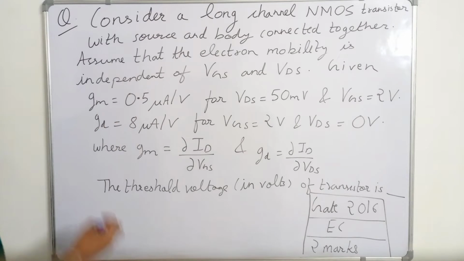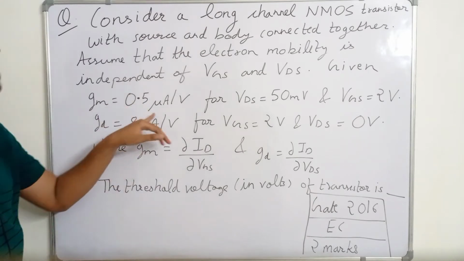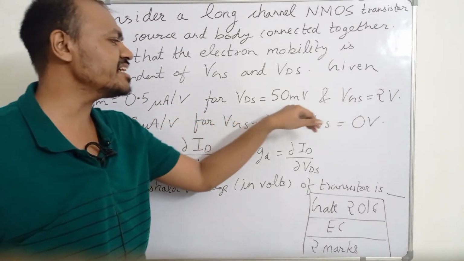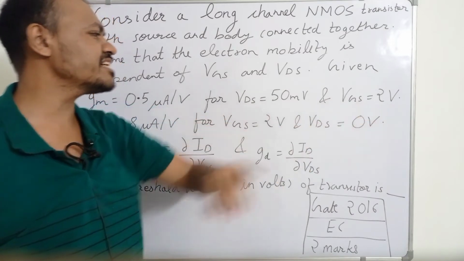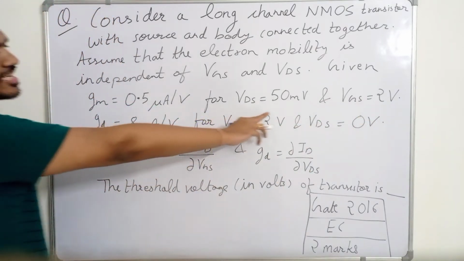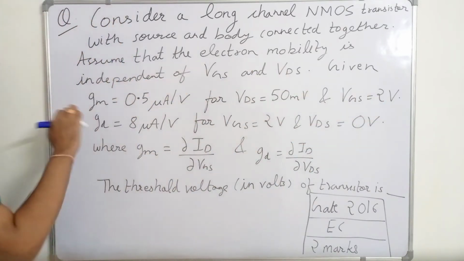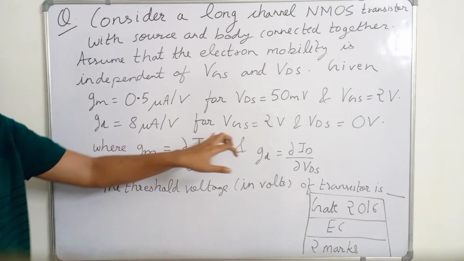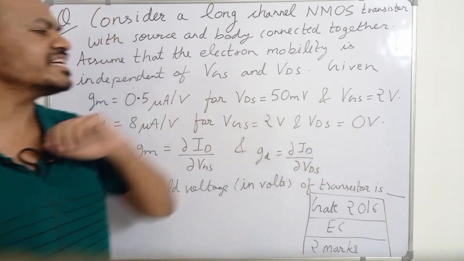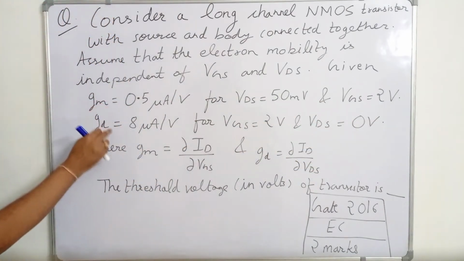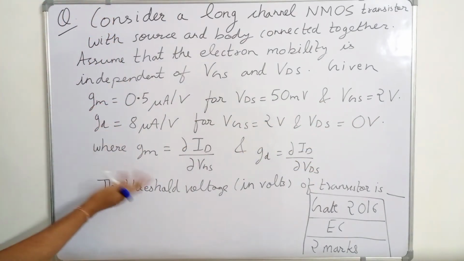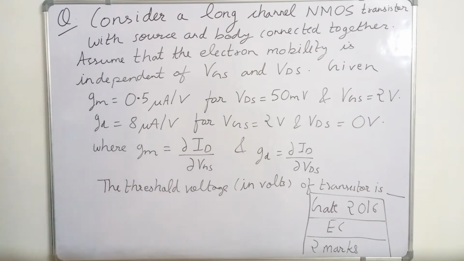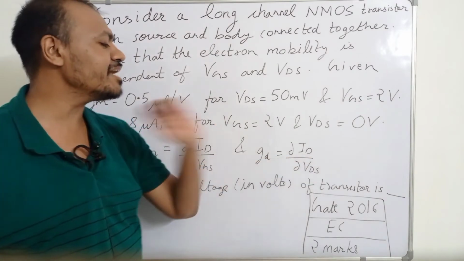Then it says given GM equal to 0.5 microampere per volt for VDS equal to 50 millivolt and VGS equal to 2 volt. And GD is given as 8 microampere per volt for VGS equal to 2 volt and VDS equal to 0 volt. GM is delta ID upon delta VGS and GD is delta ID upon delta VDS.